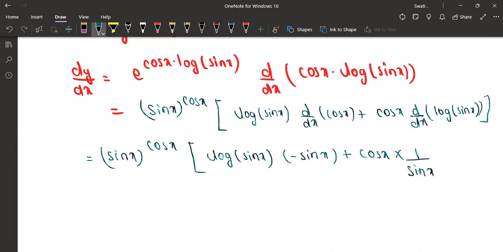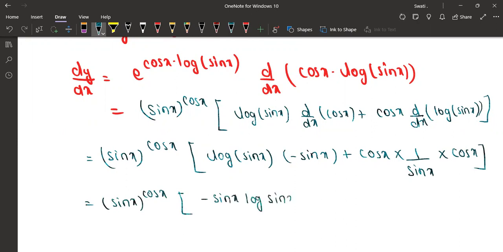And by chain rule, derivative of sin x is cos x. So this will become cos x. And now we can write down this as sin x raised to cos x, in bracket, we have minus sin x log sin x plus here we have cos x into cos x.